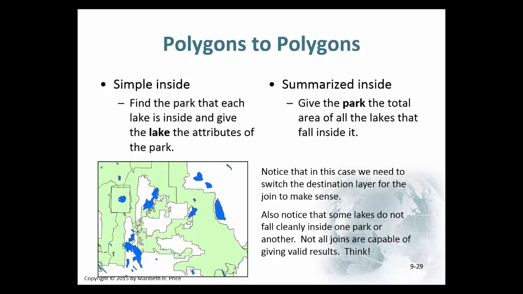When joining polygons to polygons, the simple inside join can find the park that each lake is inside and place the park's attributes into the lake's table. The summarized join can give the park the total area of all the lakes that fall inside of it. Notice, not all lakes fall completely within a park. Remember, not all joins are capable of giving valid results.